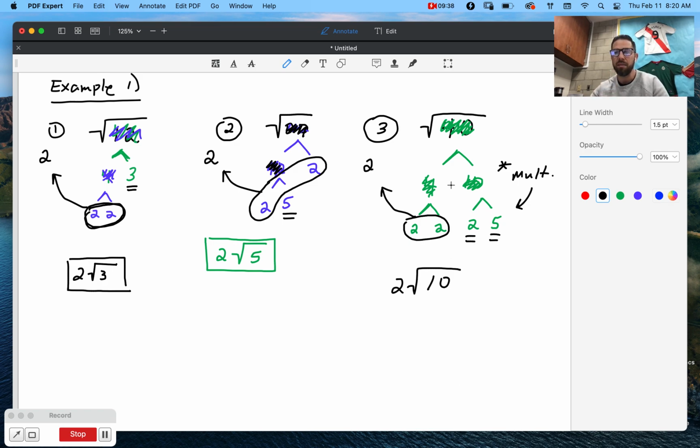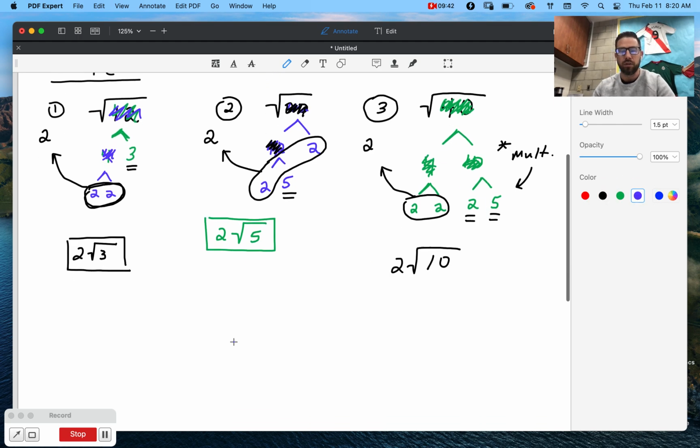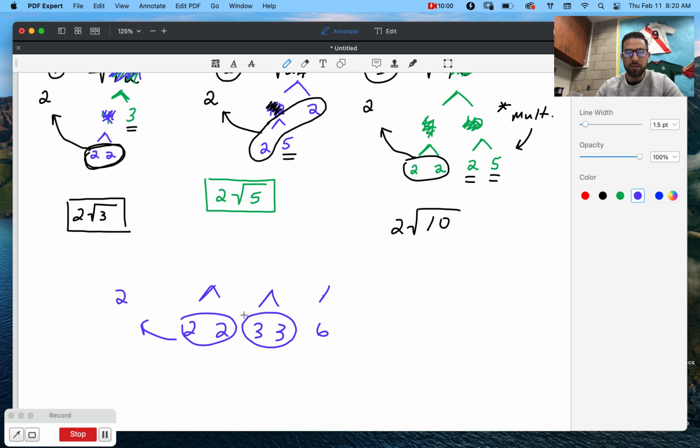It'd be the same thing really quickly if we had more than one pair. So let me show you right here. What if we had like a 2, a 2, a 3, a 3, and a 6? I'm just giving you an example. You'd say, oh, my pair of 2's comes out as a 2. My pair of 3's comes out as a 3.